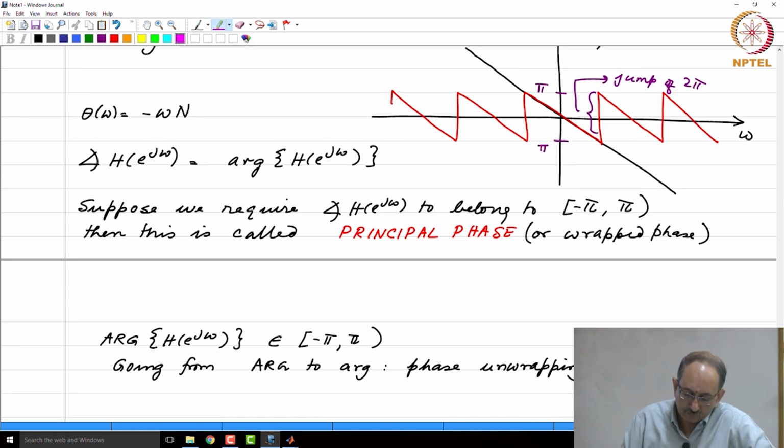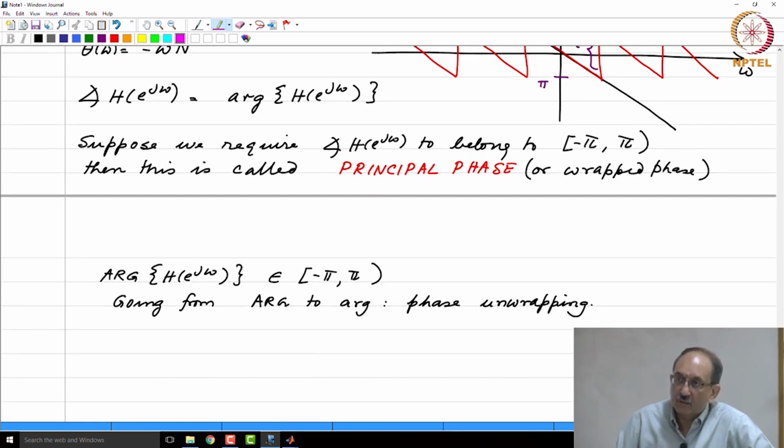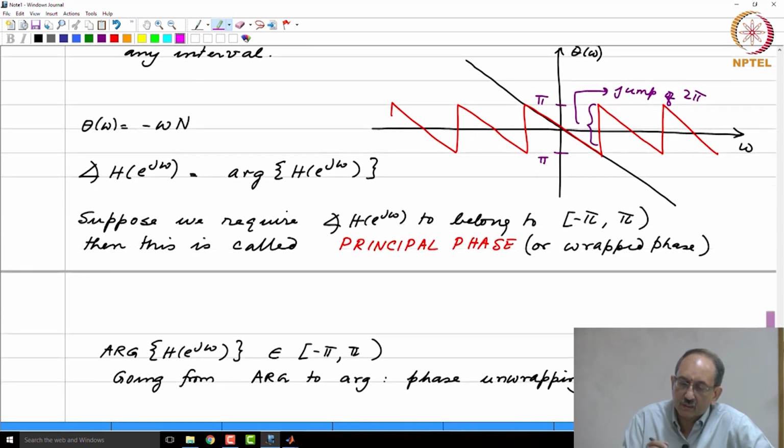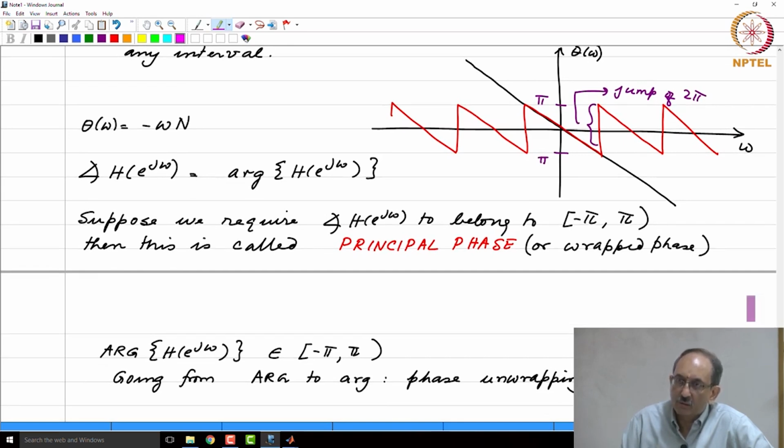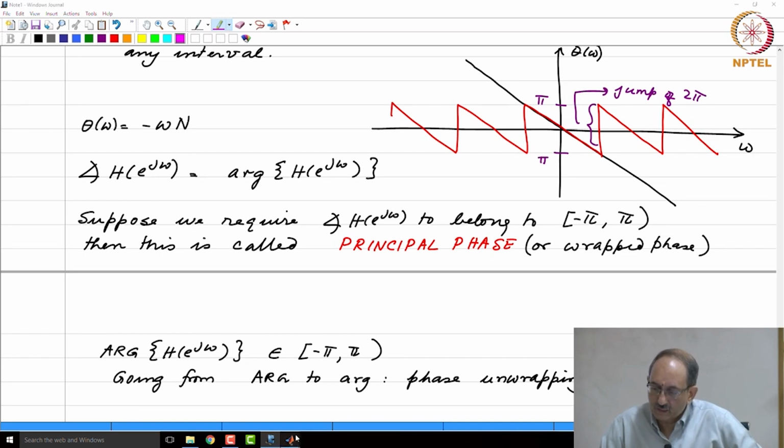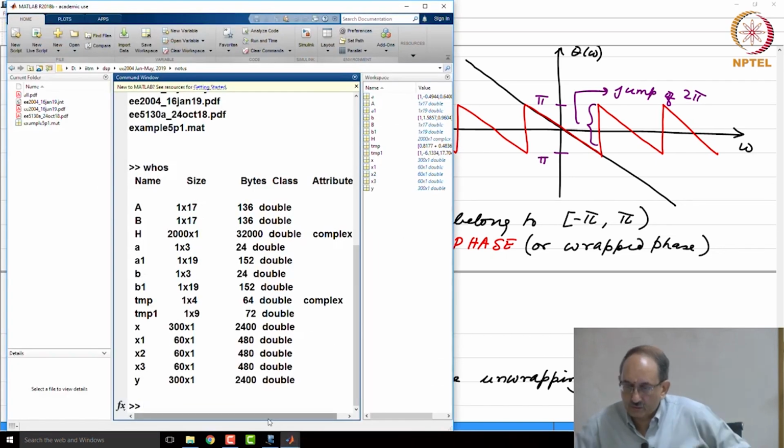A phase unwrapping algorithm by Tribolet, 1977, I think, is one of the most widely used algorithms for phase unwrapping, and there have been some improvements to that algorithm ever since. So, this is not as simple as it appears, but for our simple problems, just adding or subtracting multiples of 2 pi will cause phase unwrapping, and the resulting phase will be continuous. Let us see a MATLAB example to illustrate this.